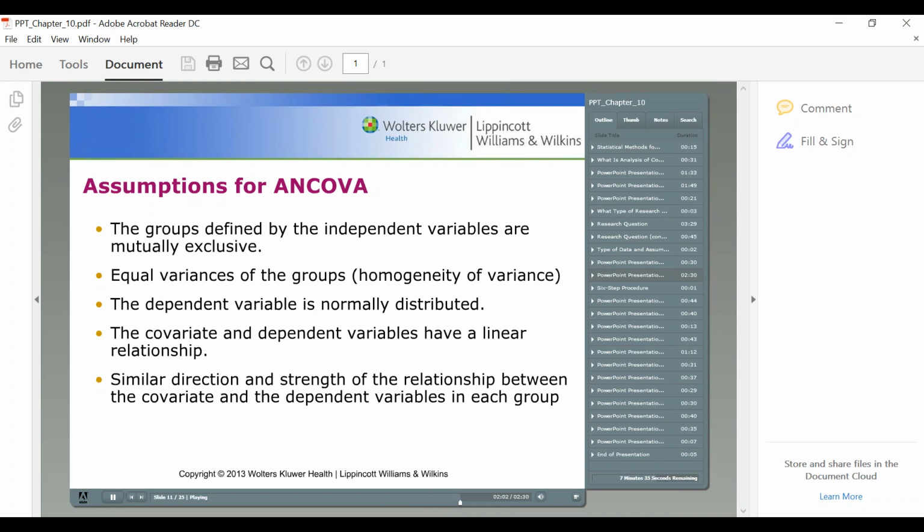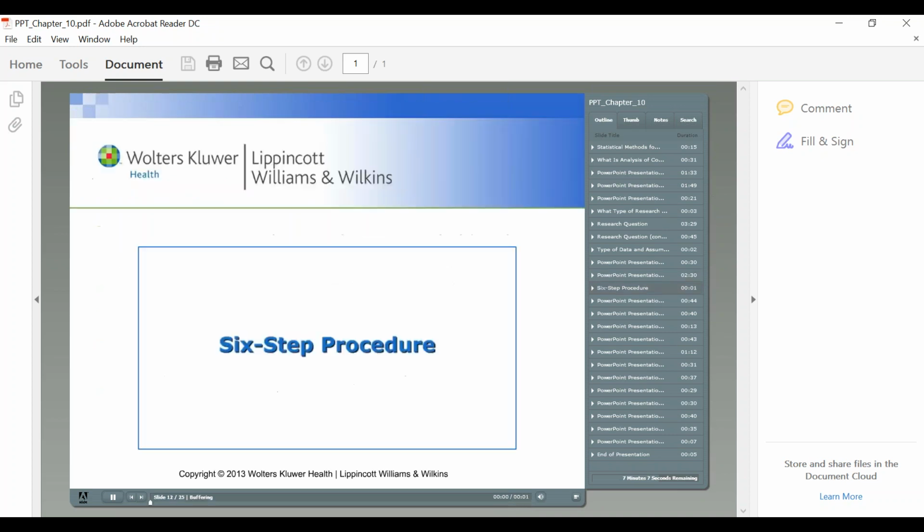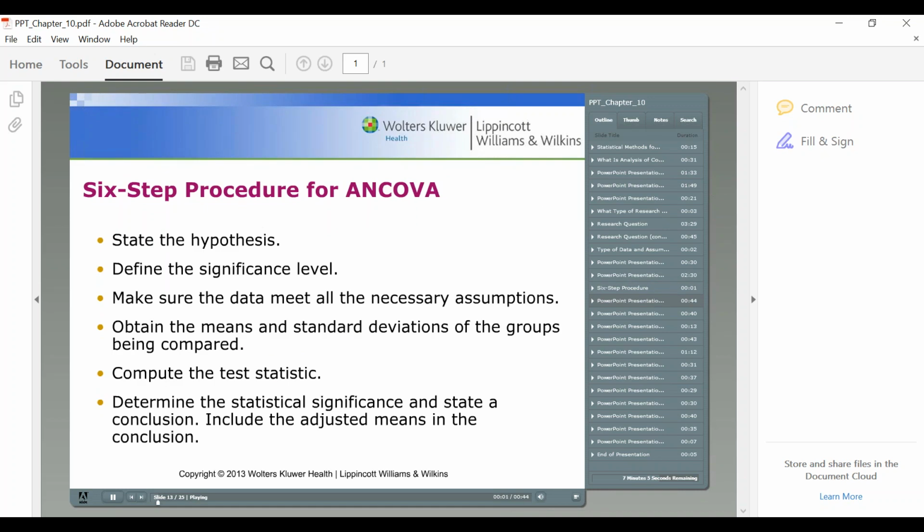So the direction would be positive: as one increases, so does the other. If it were inverse or negative, that would mean that as one variable increases, the other decreases. And then the strength has to do with how strong the relationship is between the two. Does it really strongly affect or not? Is it more or less weak? That's really what the correlation gives us, strength and direction.